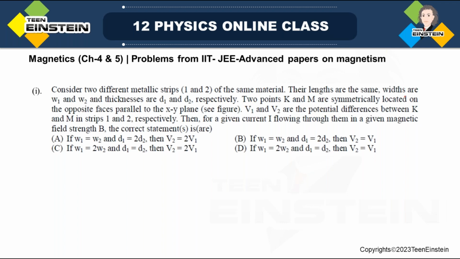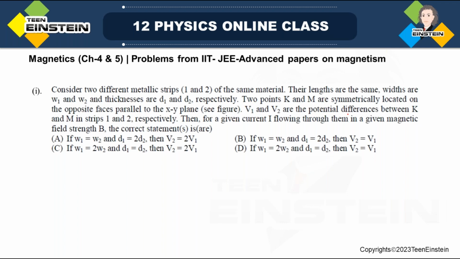Their lengths are the same, with widths W1, W2 and thicknesses D1 and D2 respectively different. Two points K and M are symmetrically located on the opposite faces of the strip, in the XY plane.